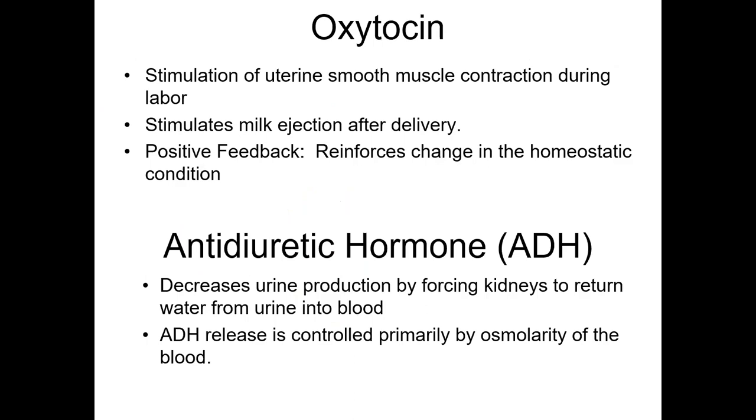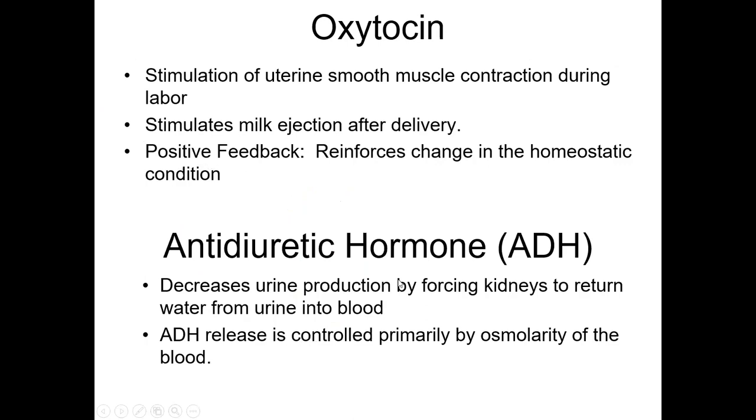Just briefly, oxytocin stimulates uterine smooth muscles. This is the most consequential action of oxytocin during labor and vaginal delivery. This is subject to positive feedback.